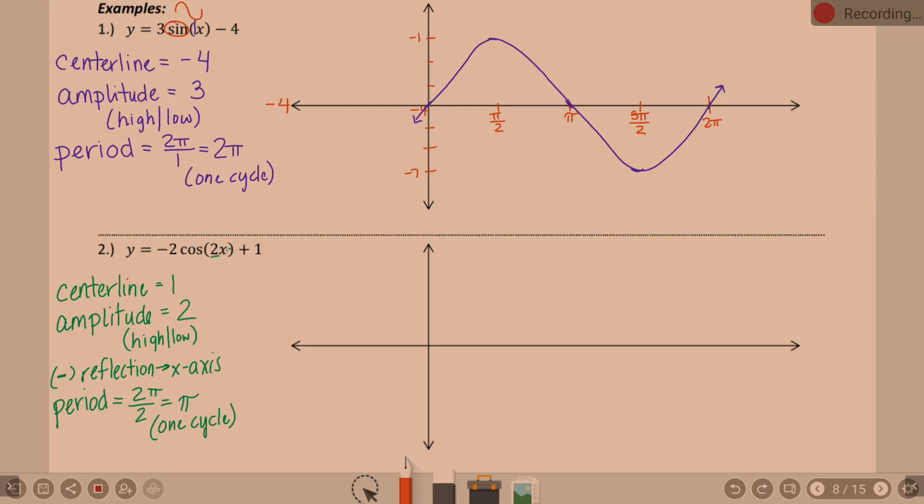The only other thing we haven't talked about, what kind of curve is this? This is not a sine curve, this is a cosine curve. Sine curve is a hill and a valley, or however you want to describe it. A cosine curve is really just one big valley, isn't it? If you look up top, it's one big valley. However, what am I going to do with this one big valley?